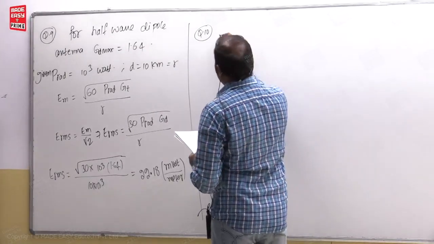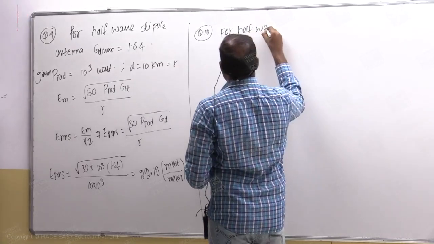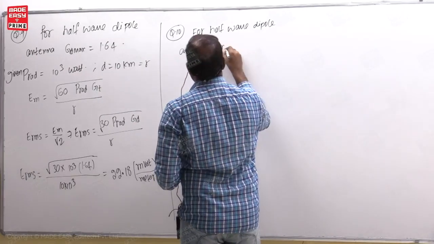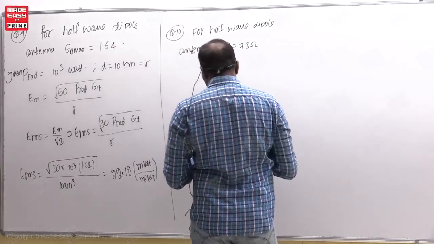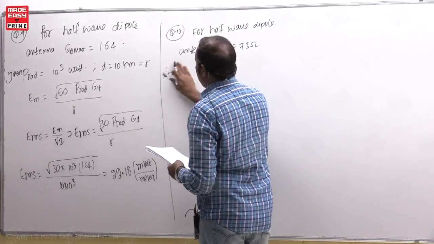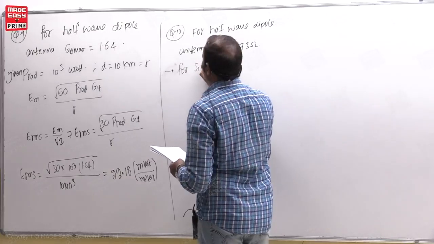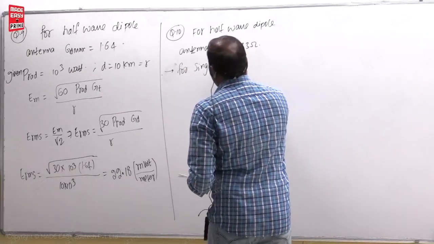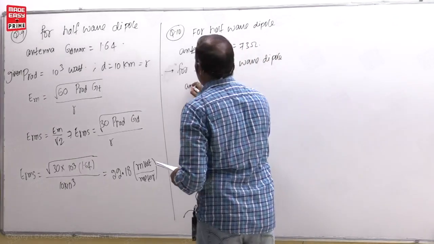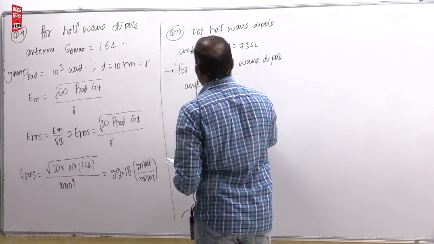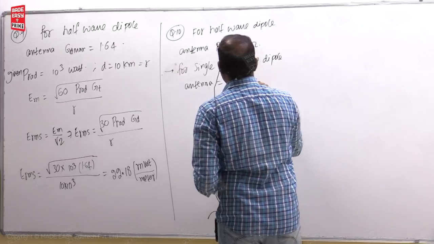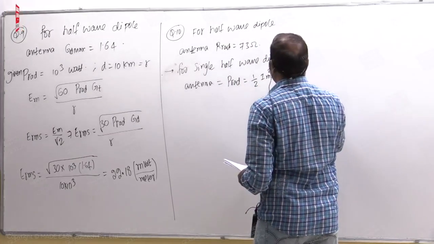Anyway, we know that for a half wave dipole antenna, radiation resistance is 73 ohm, and for a single half wave dipole antenna, power radiated is equal to half into Im square into radiation resistance.